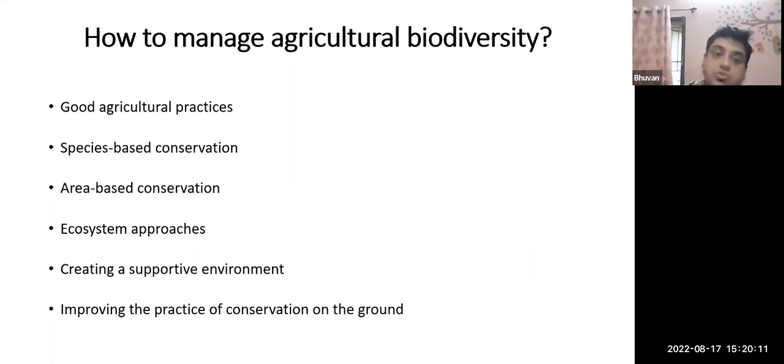Then we have ecosystem approaches, how the entire agro ecosystems can be conserved. And then we have creating a supportive environment, followed by improving the practice of conservation on the ground. So how we can ensure that on ground conservation, or grassroots level conservation of agro biodiversity, can be ensured. We will learn all of them in detail in future slides.